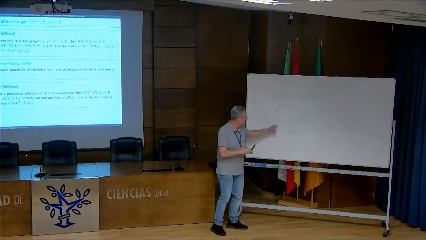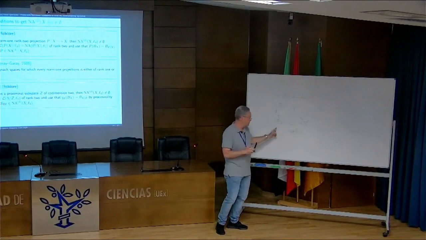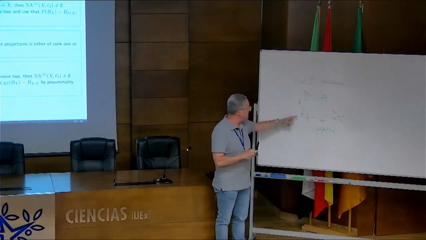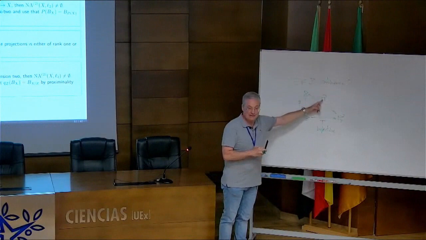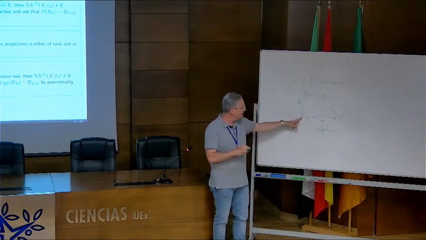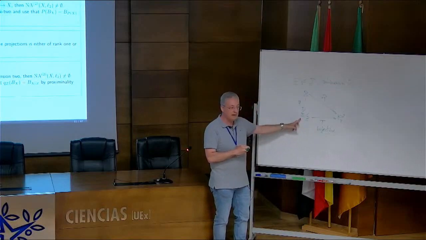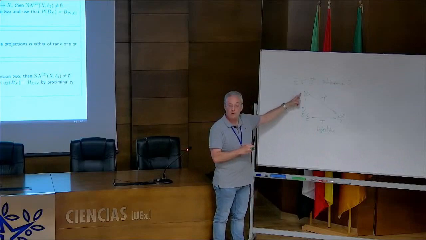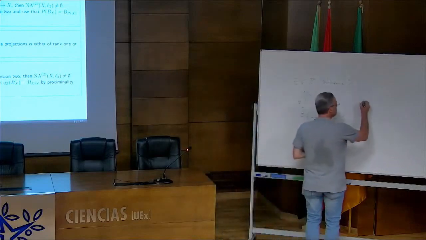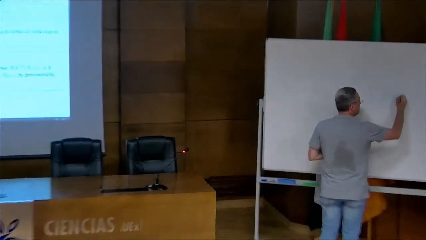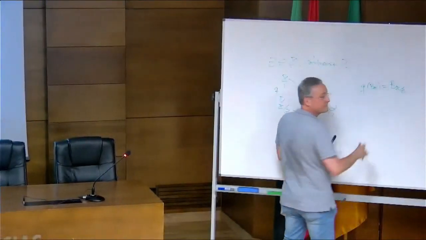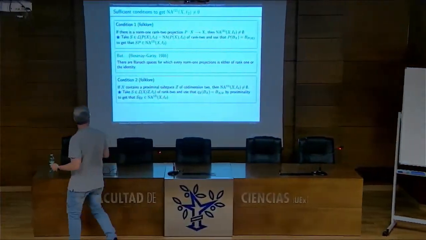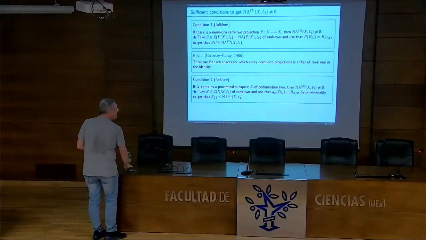Again, this has to attain the norm because this is dimension 2, and this operator has rank 2. But what you need is that the element where this T attains the norm here is the image by Q of a norm-one element. So what you need is Q of B_X equal B of X over C. And this is exactly the definition of proximality. So if you have a proximal subspace of codimension 2, then you are done using this idea.